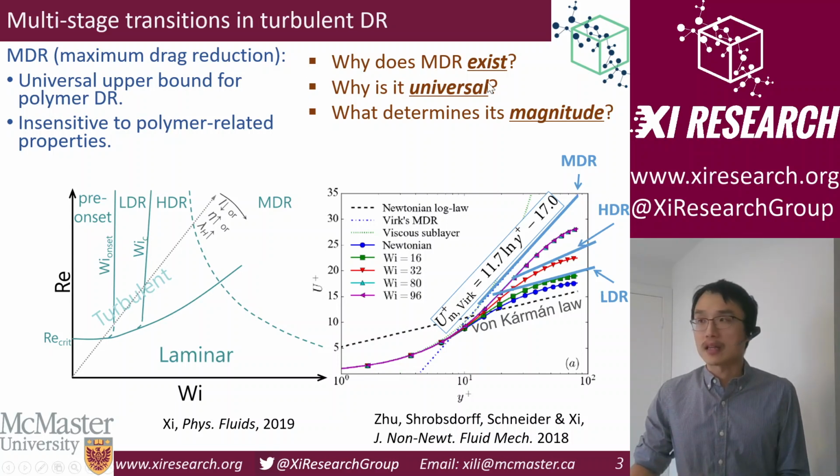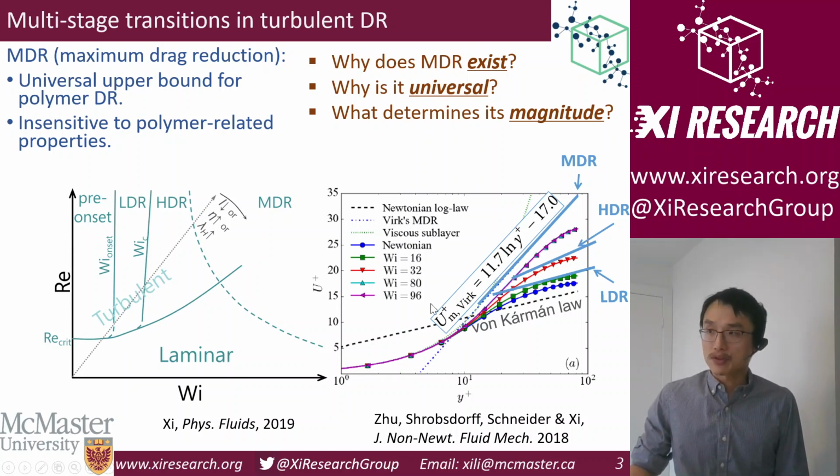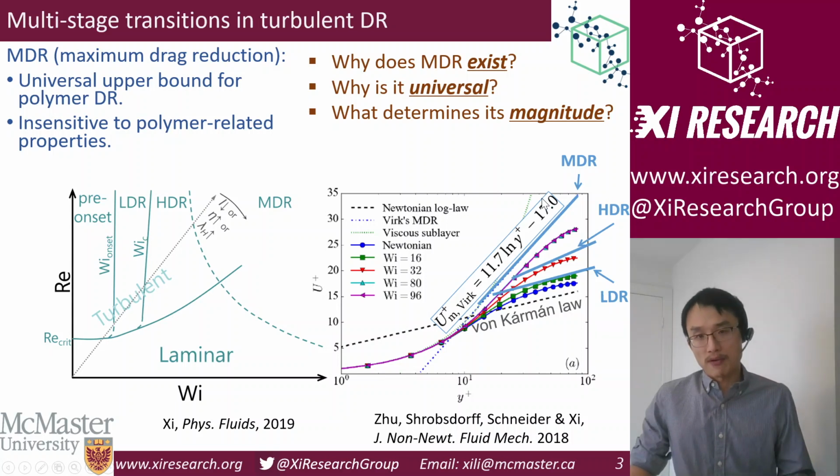So why does this MDR limit seem to be universal with respect to different polymer properties? And finally, we know that the MDR is captured by an empirical formula, the Virk asymptote. So any answer we find must be able to also explain why it hits this particular level.